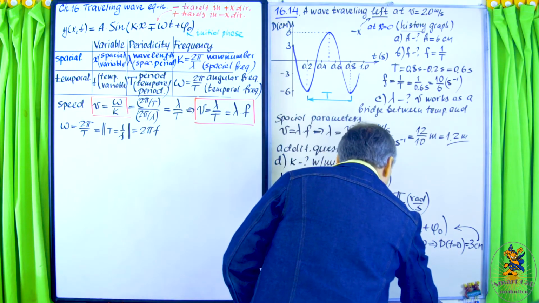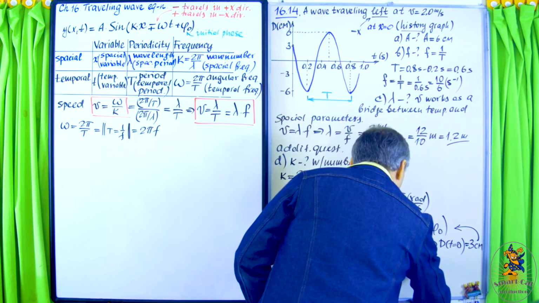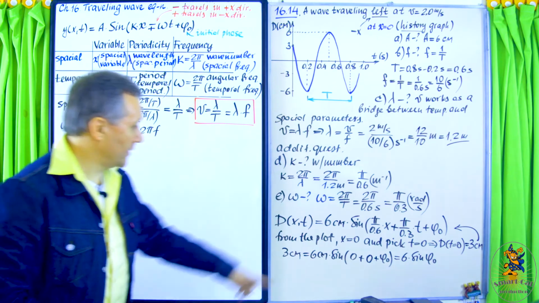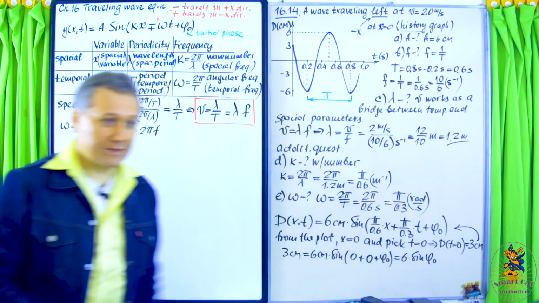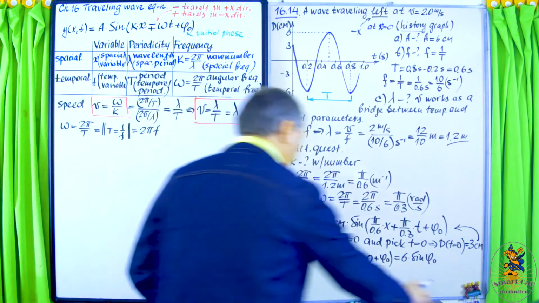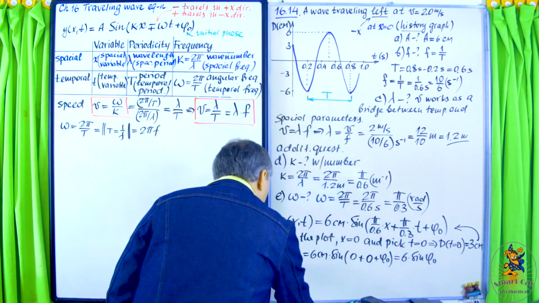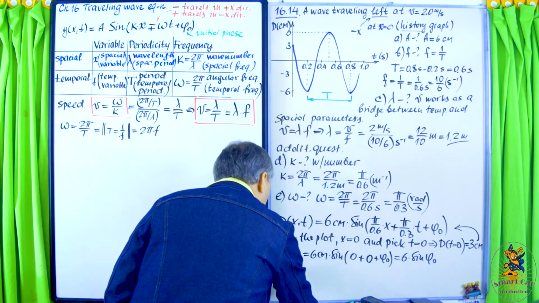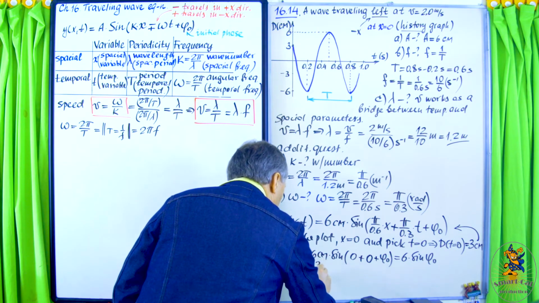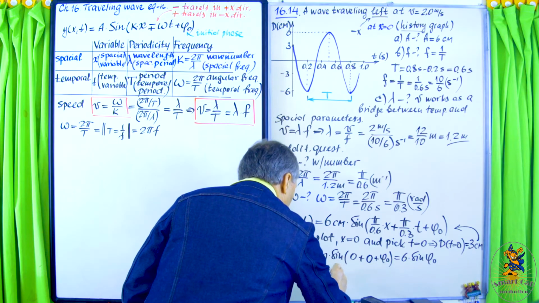So it equals 6 sine of phi naught. 3 equals 6 sine phi naught. Of course, you can take arc sine. So sine of phi naught equals 3 over 6, which is 1 over 2.